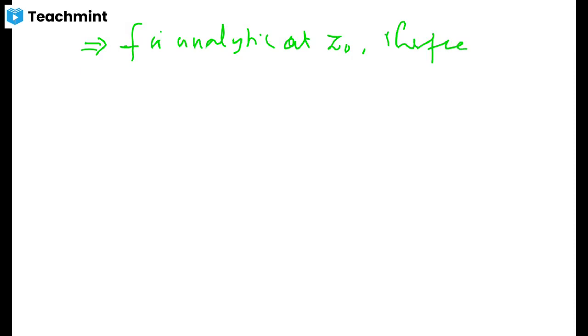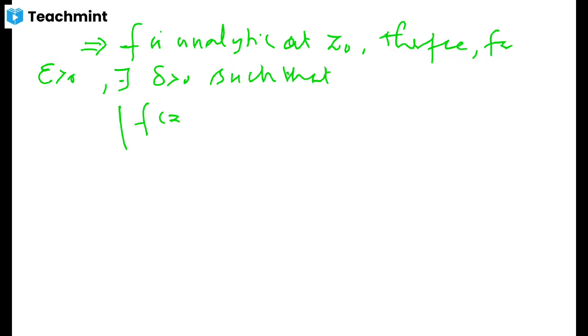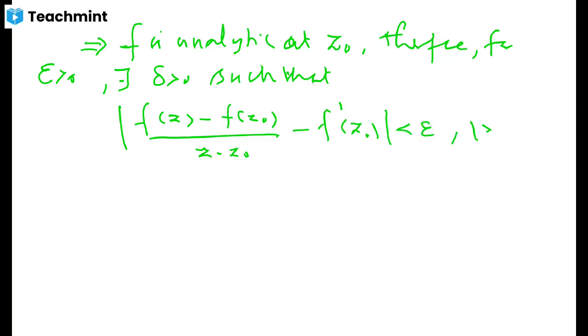Therefore, for the epsilon given to you, there exists a certain delta bigger than 0 such that you will have this thing: the modulus of f of z minus f of z naught over z minus z naught, minus the derivative of f at z naught, is less than epsilon whenever you have modulus of z minus z naught less than delta.